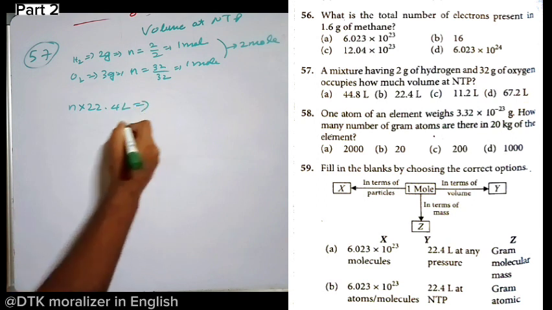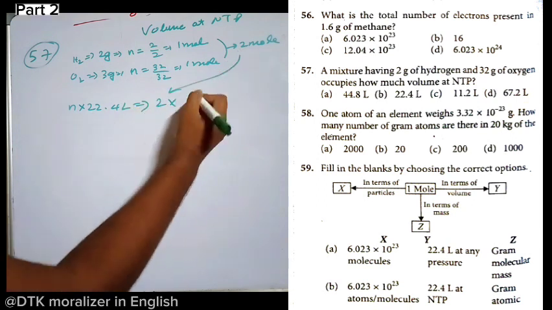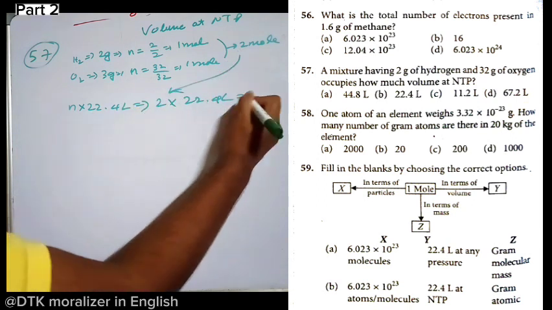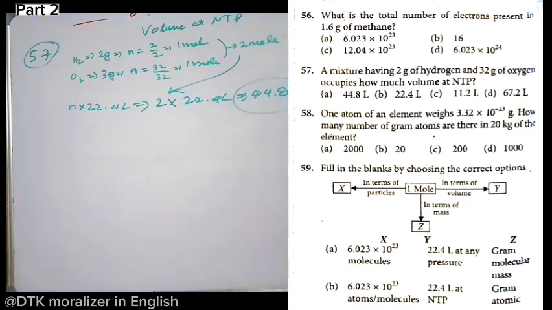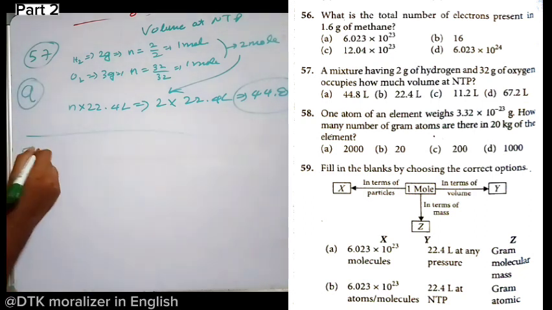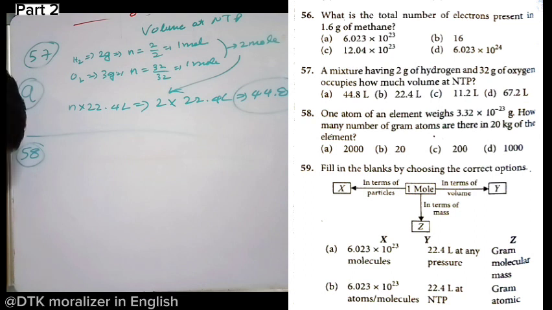Here the moles are obtained as 2 moles. So the total volume is equal to mole into 22.4 liters, which is equal to 44.8 liters. So here option A is right.